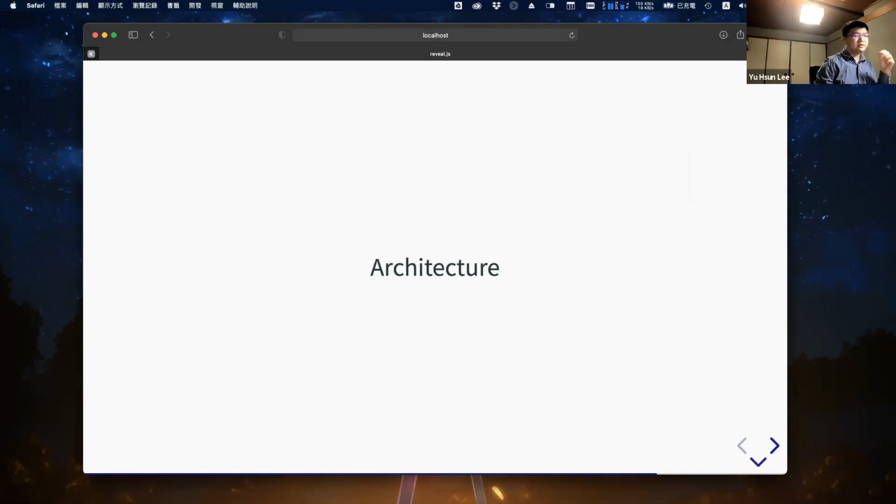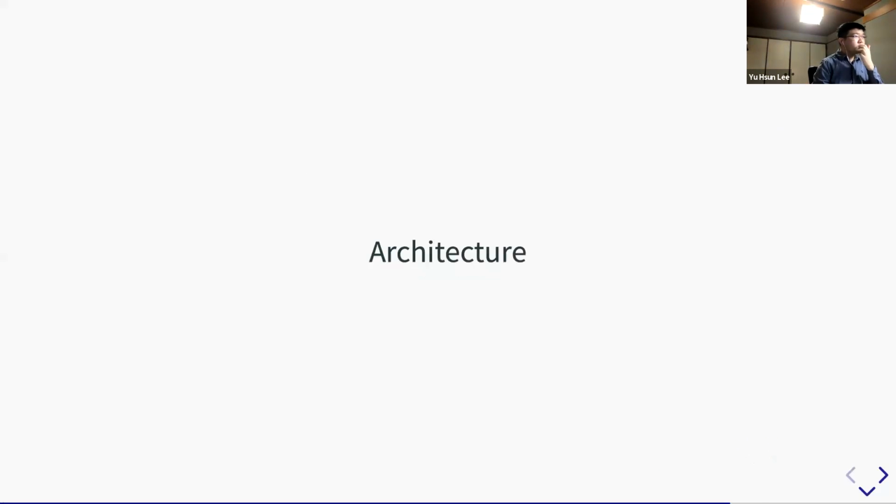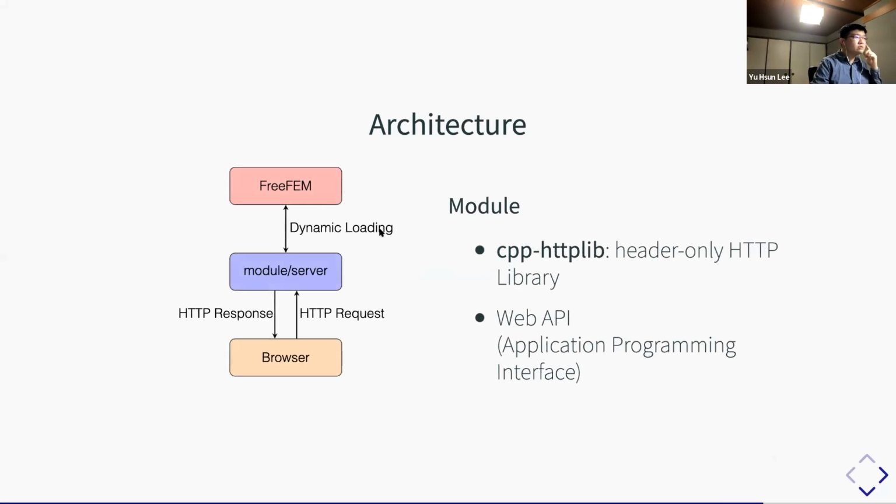So the next part is the architecture of this visualization system. We use dynamic loading to embed our server and create an API in our module, so we don't need to install any server on your machine.